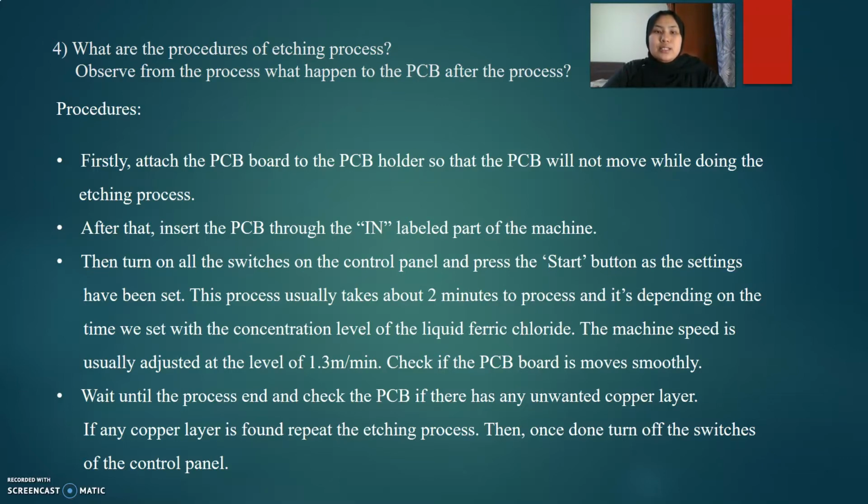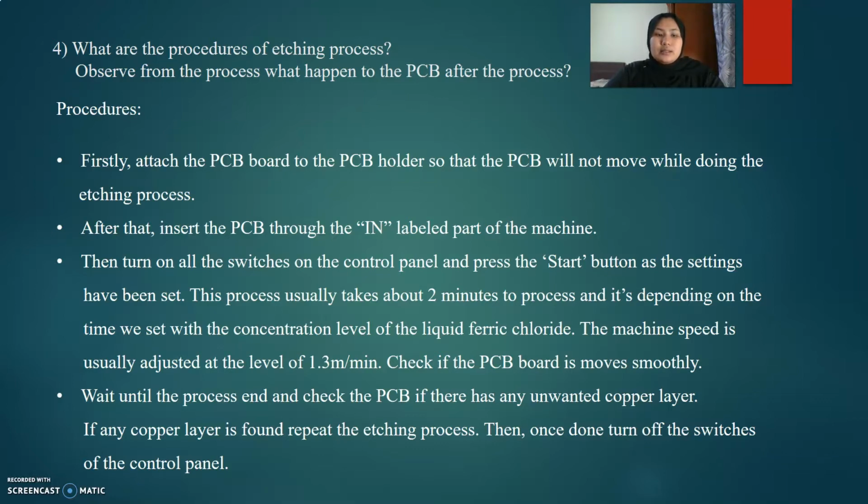So in this etching process, there are a few procedures we need to follow. Number 1 is to attach the PCB board to the PCB holder so that the PCB will not move while doing the etching process. After that, insert the PCB through the inlet part of the machine.